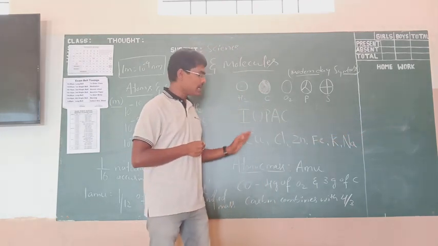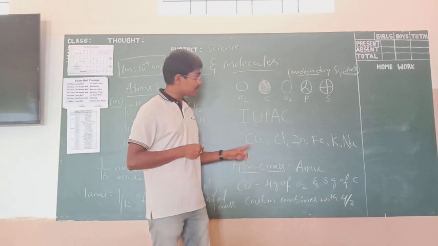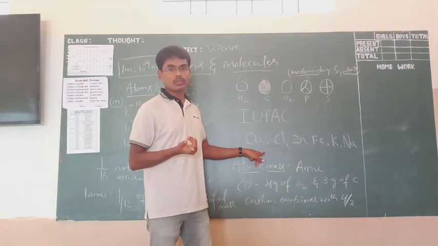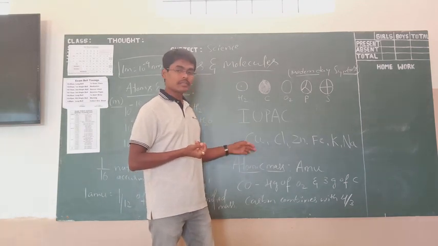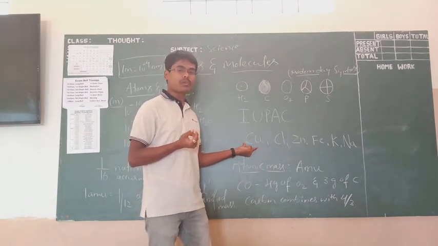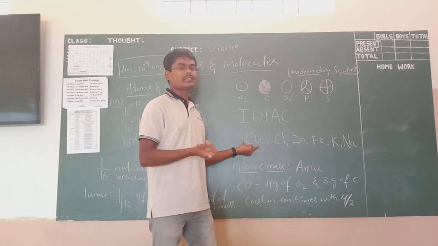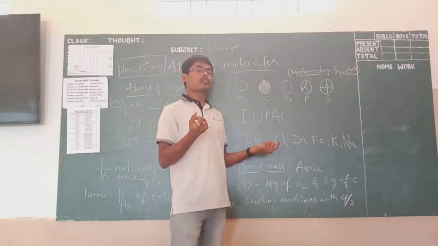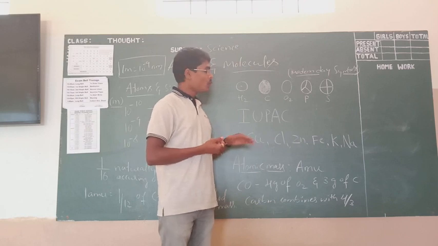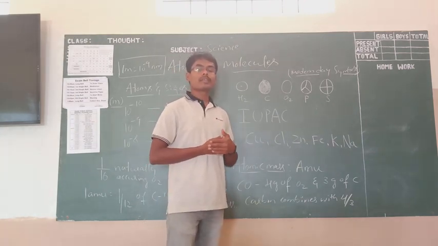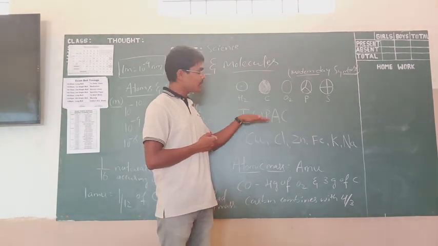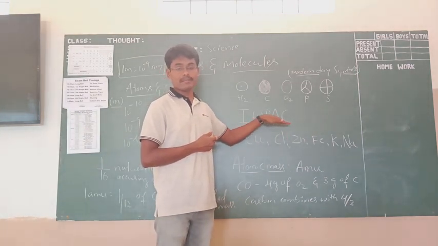Everywhere here, the very first letter is a capital one, and the next one is a lowercase one. The very first is an uppercase letter, and the next is a small letter. Why do we follow this? These types of recommendations are given by the IUPAC.